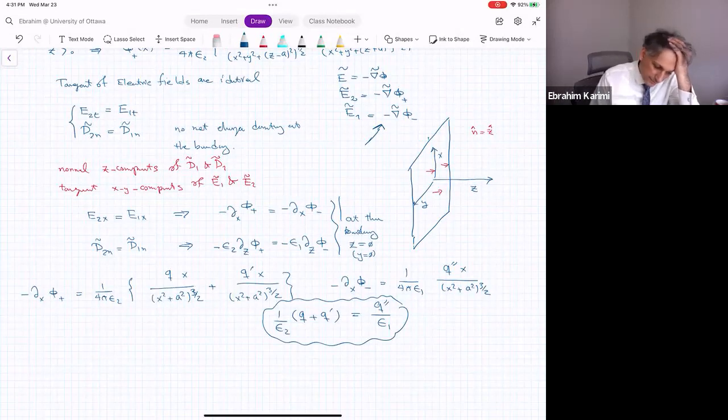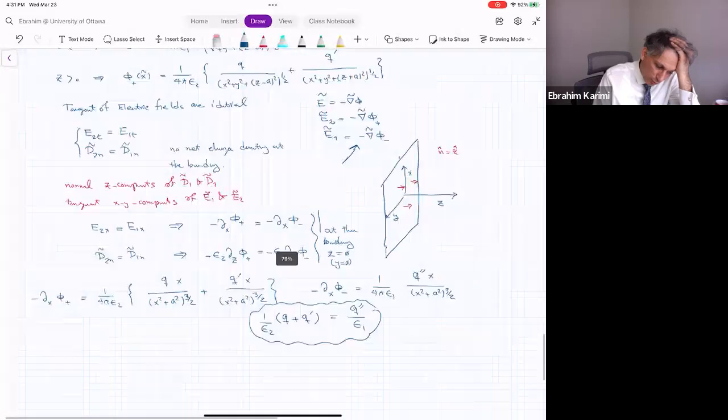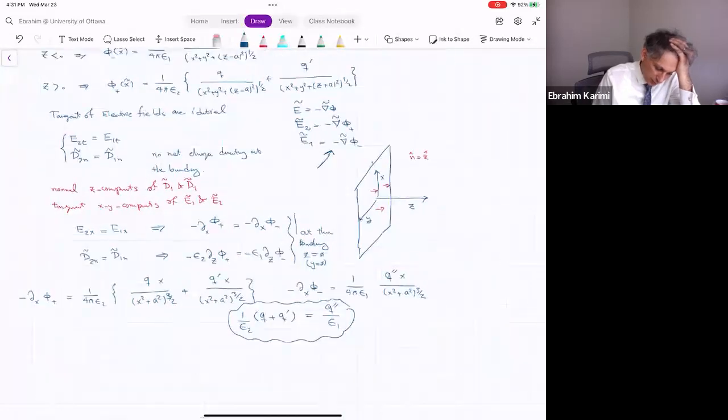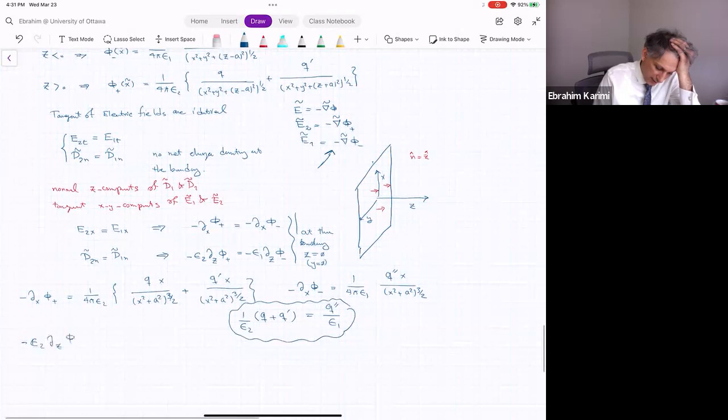What about the normal component, which means that we have to follow minus epsilon 2 derivative with respect to z of phi plus equal to minus epsilon 1 derivative with respect to z of phi minus.